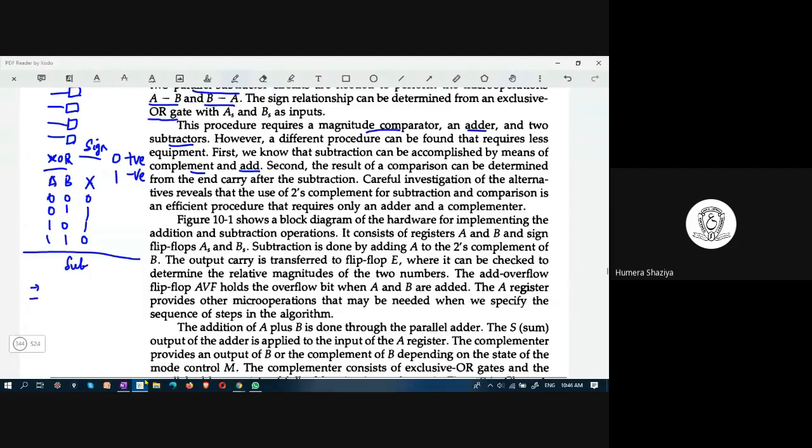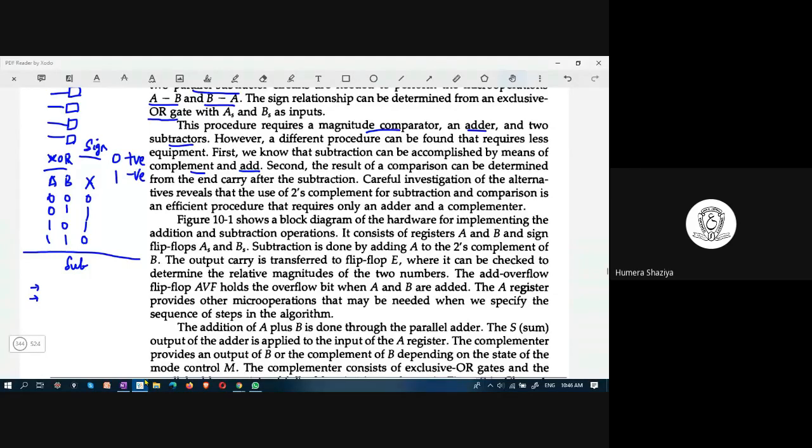First step. Second step is, if there is no carry, obtain the result. If there is a carry, again you have to take the complement. Right? Yes, very good. These are the steps for subtraction.